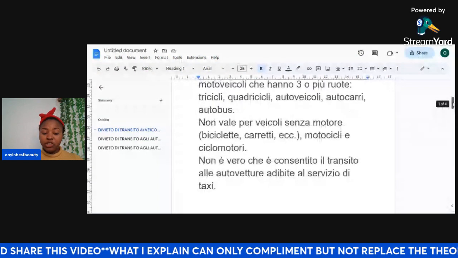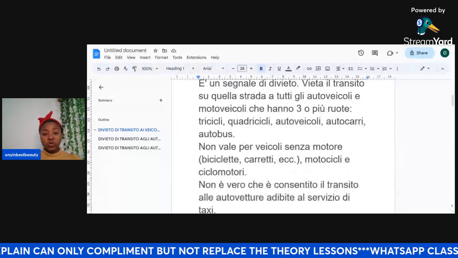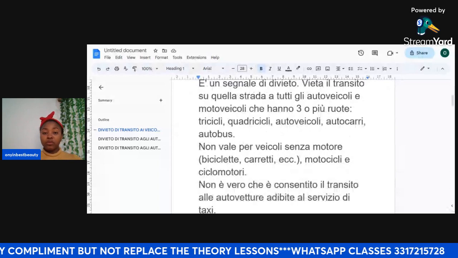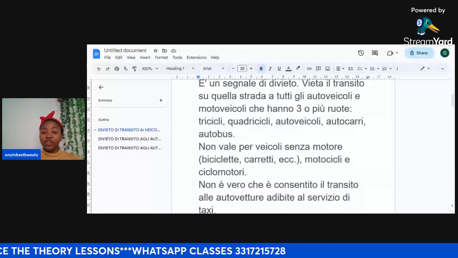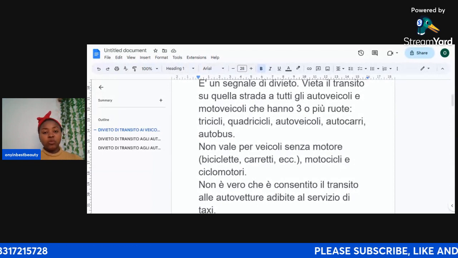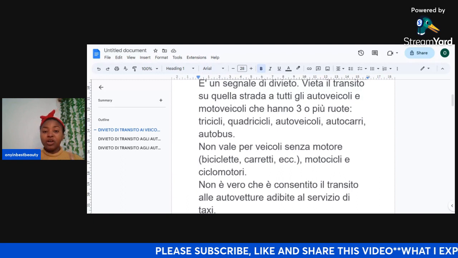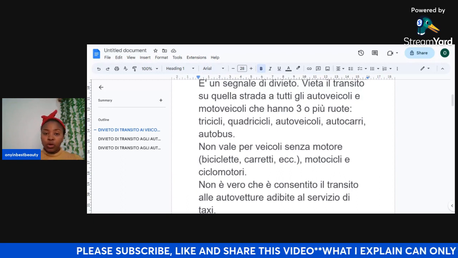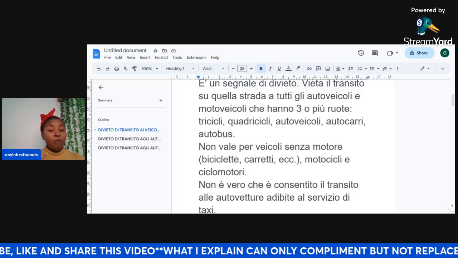For example, bicicletta, which is bicycle, carretta, etc. So any vehicles without an engine, even veicoli a braccia, it does not forbid these vehicles from entering. Motocicli e ciclomotori: motocicli has an engine, ciclomotori also has an engine, but it does not forbid them from entering because they only have 2 ruote, which is 2 tires.